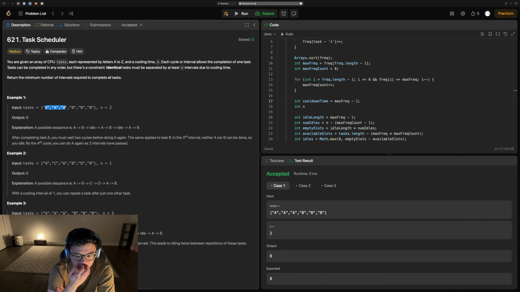Dude, this is so complicated, for no reason, too. Hey, max frequency is 3 minus 1. But n is the cooldown time. We already know the cooldown time. What?